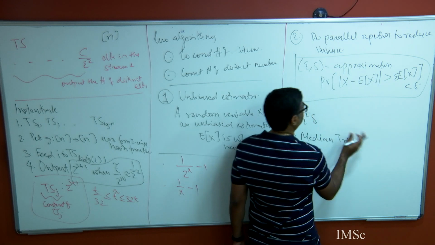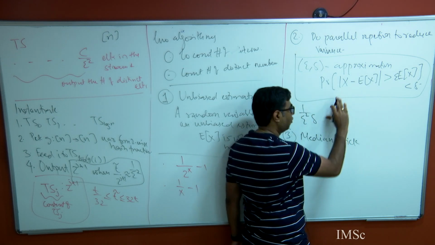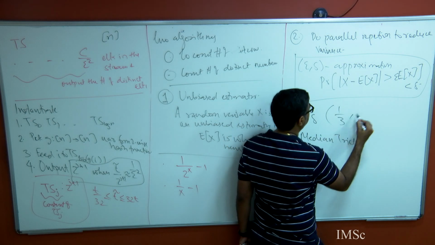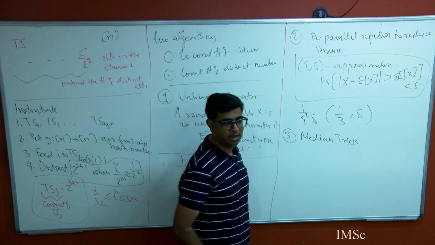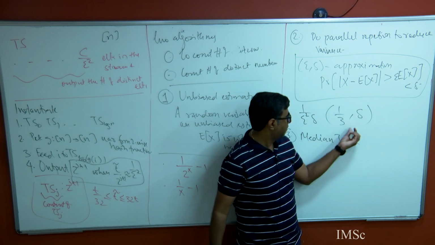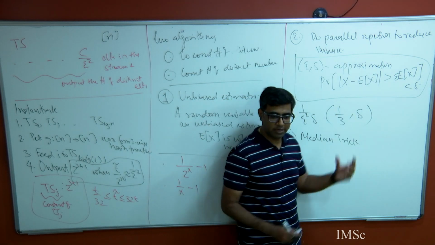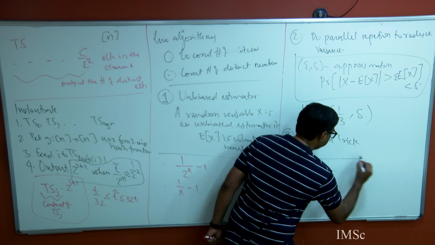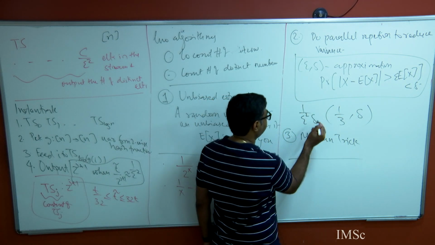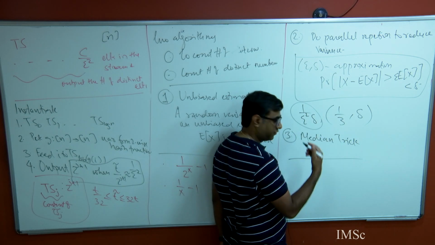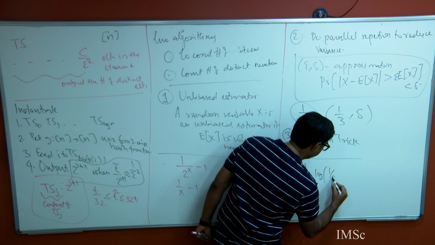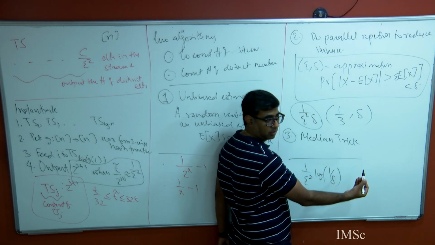We said, let's look at this particular algorithm and run it with epsilon equal to some 1/3 and delta. We are succeeding with a constant probability, but it's just 1/3, right? And then we took the median of all these, and we reduced the dependency on the number of objects we have to compute to 1 over epsilon squared times log 1 over delta. So this was the median trick.